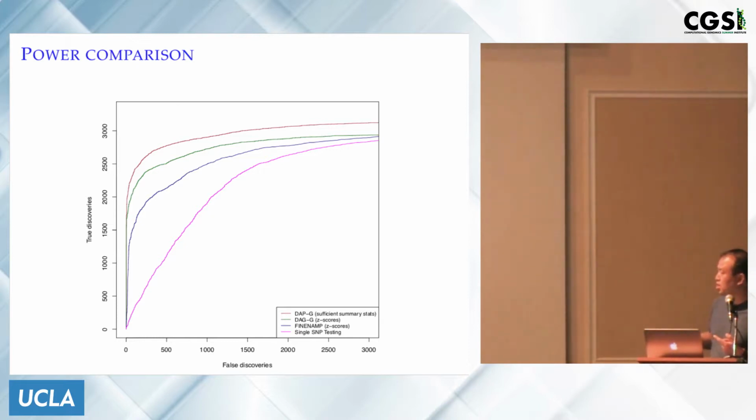The right line is the program we call DAP-G, running on the simulations with what we call the sufficient summary statistics. That means the statistics including SST, beta hat, and standard error of beta hat. The green one would be the same DAP-G program, but using only Z value and R.